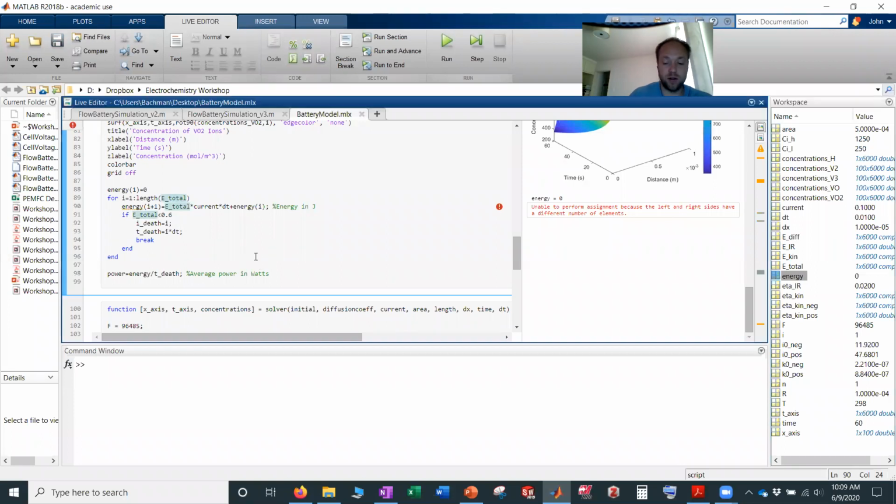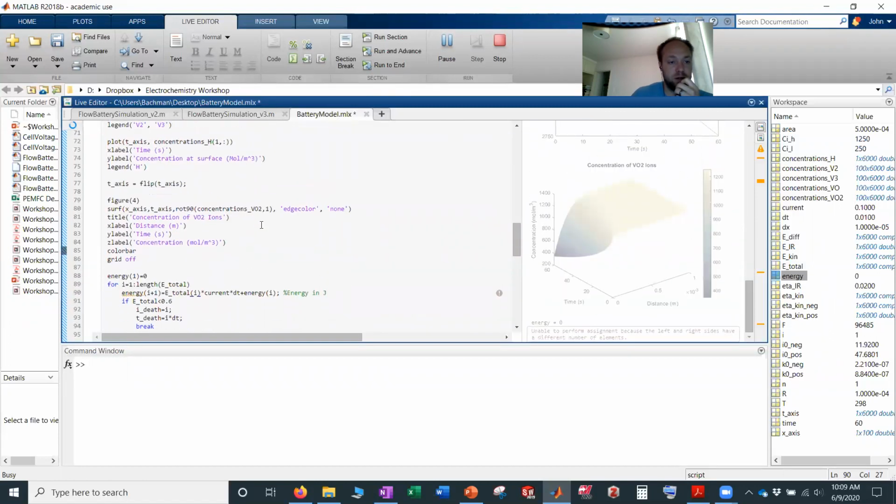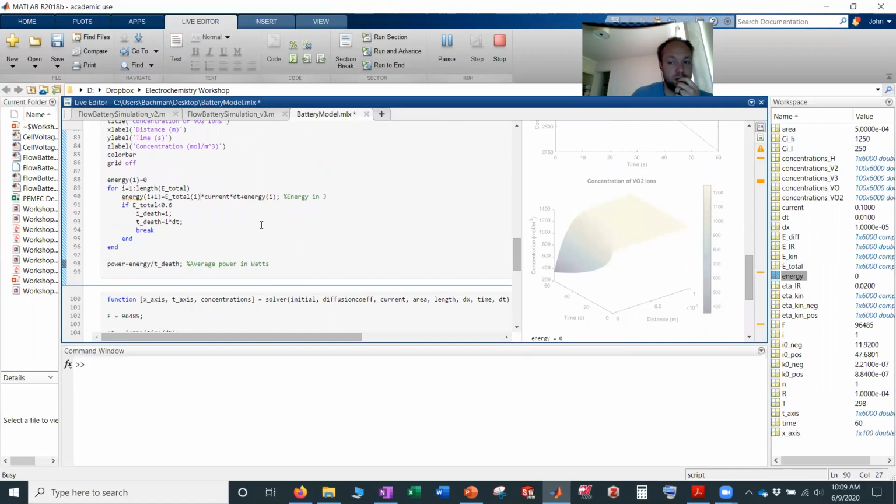Oh, we need E total of I. What I should be doing is just running this section, especially now that it's so slow with this plotting.